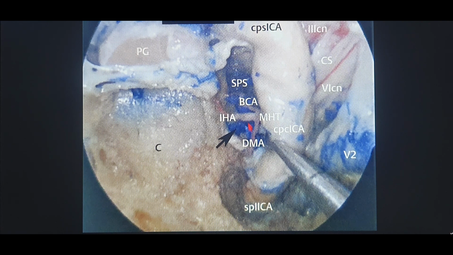So these three are the branches of the trunk called the meningo-hypophyseal trunk, which comes out of the posterior aspect, medial surface of the carotid artery in the cavernous part, just below the posterior genu. I hope this really helped you so far in understanding the branch or trunk of the carotid artery in the cavernous part.